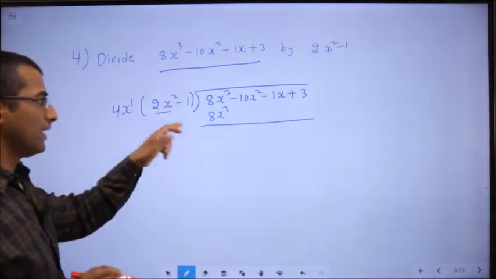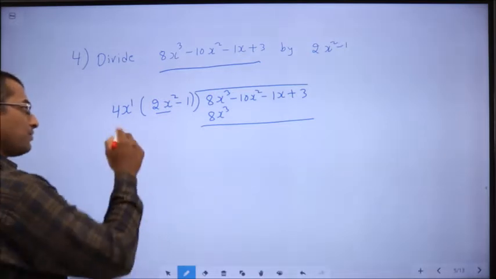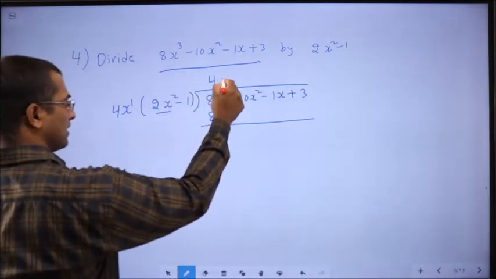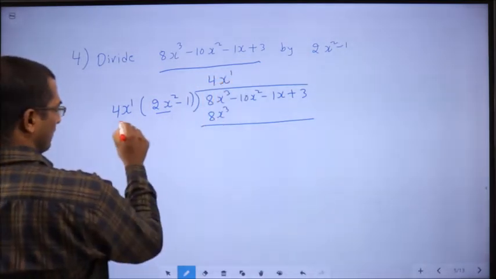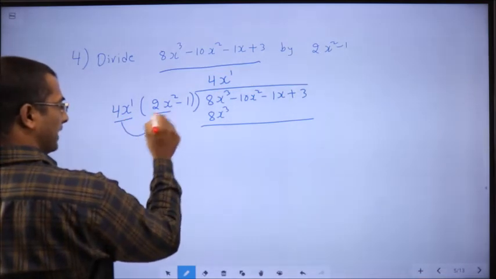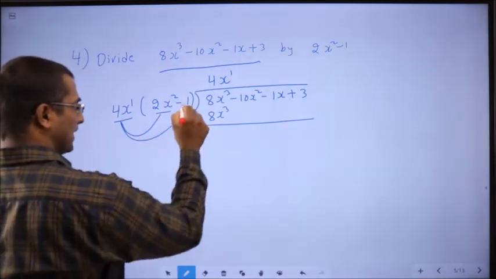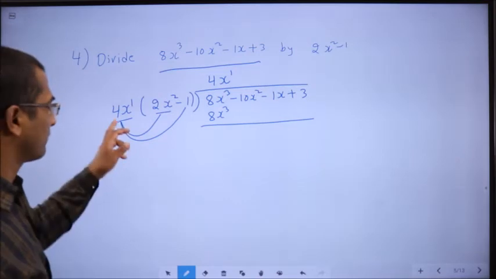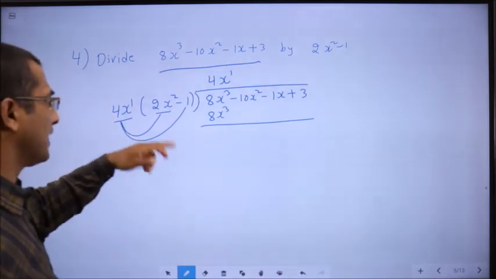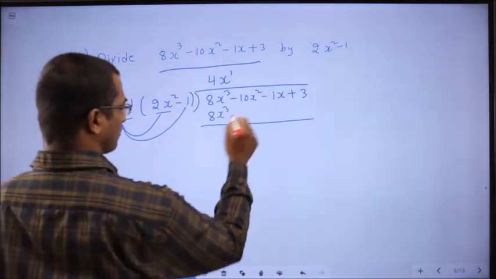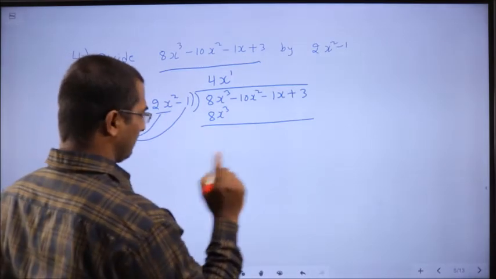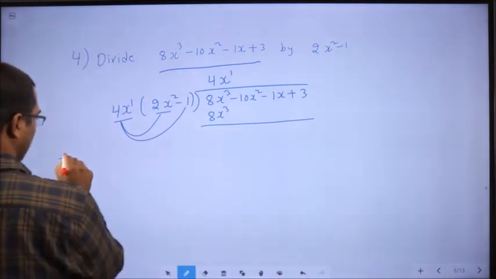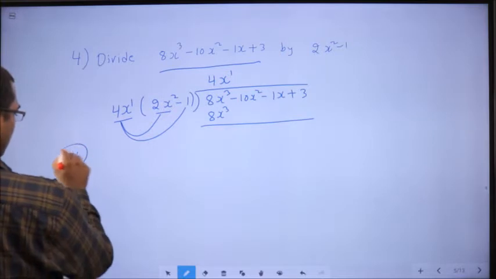4x power 1 into 2x square will be 8x cube. So this becomes our first term of the quotient. This, when we are multiplying to this also needs to be multiplied with minus 1. So that will result in 4x into minus 1 will be minus 4x. Remember, we get minus 4x.